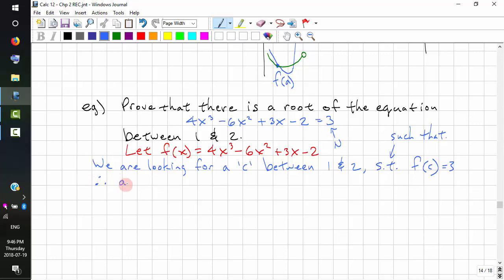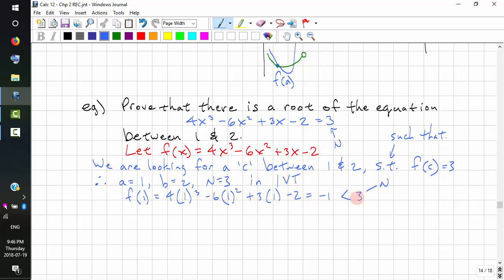Therefore, a equals 1, b equals 2, n equals 3 in the IVT, Intermediate Value Theorem. So we need to show f of 1 equals, and we just substitute it in: 4 times 1 cubed minus 6 times 1 squared plus 3 times 1 minus 2 equals -1, and that's less than 3.